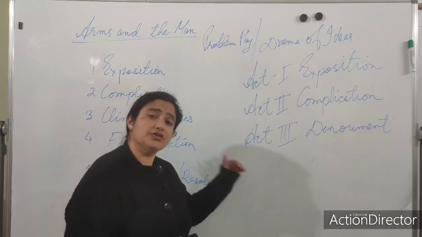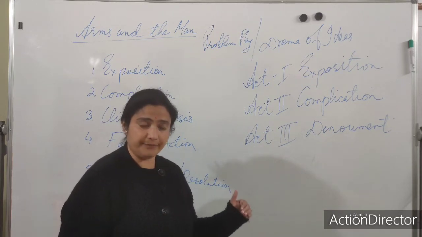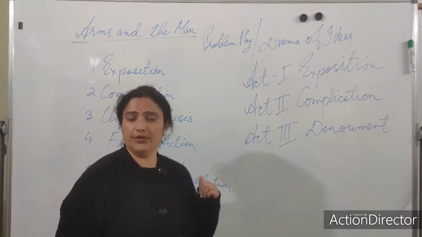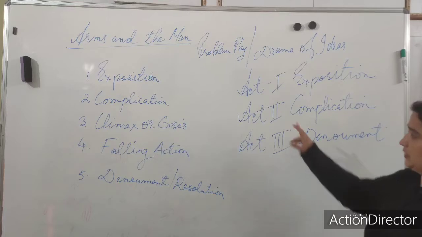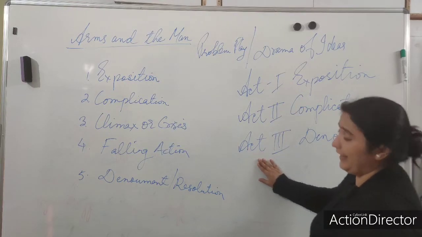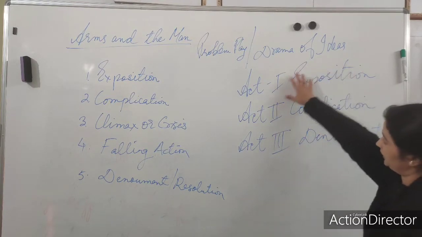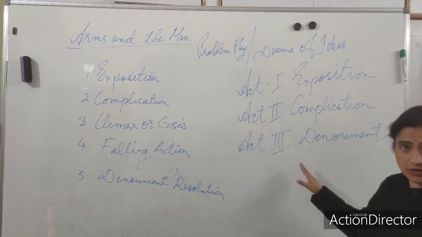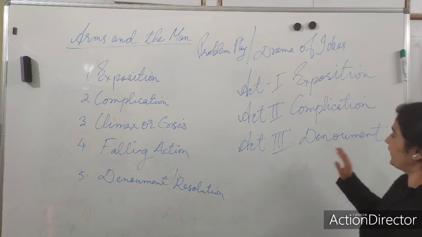But when she finds love in Bluntschli, then she realizes where she was wrong. Okay? So these are the 3 acts, and in this way Shaw has organized his play, right?